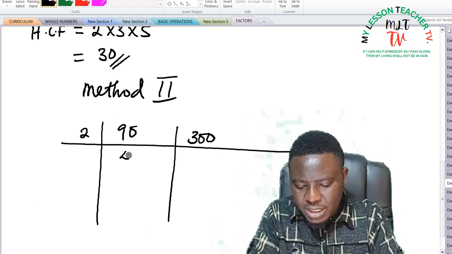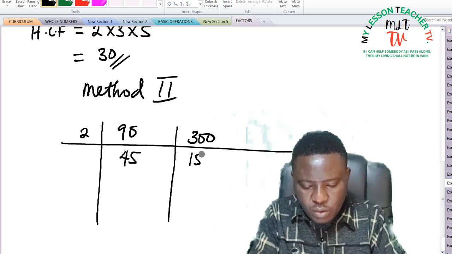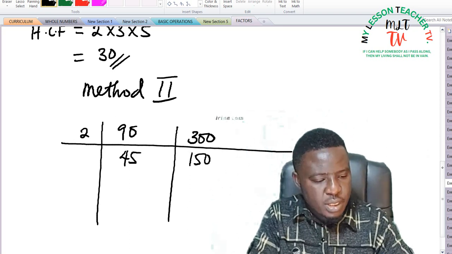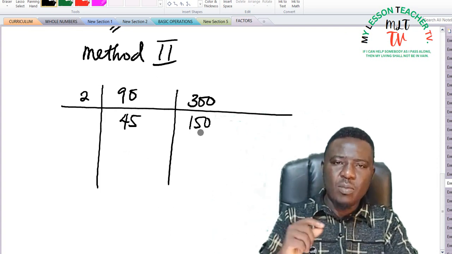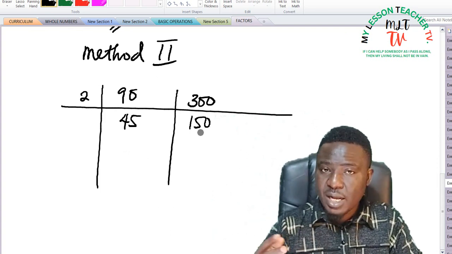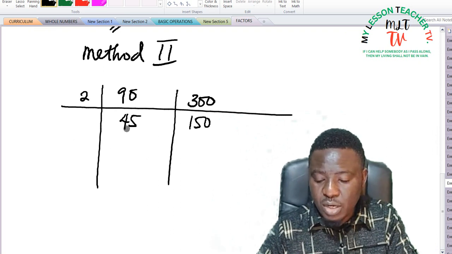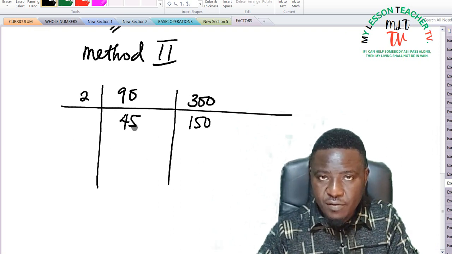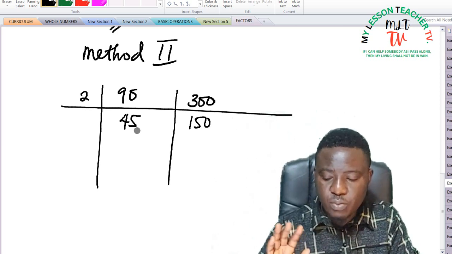So 2 into 90 is 45. 2 into 300 is 150. Looking at the 2 digits, what is that number that can divide both of them? 2 cannot divide, because 2 can divide 150, but 2 cannot divide 45 because the last digit of 45 is 5, which is not a multiple of 2.